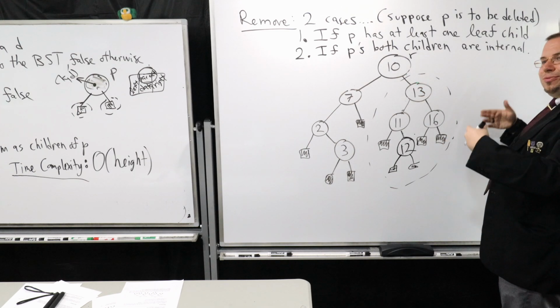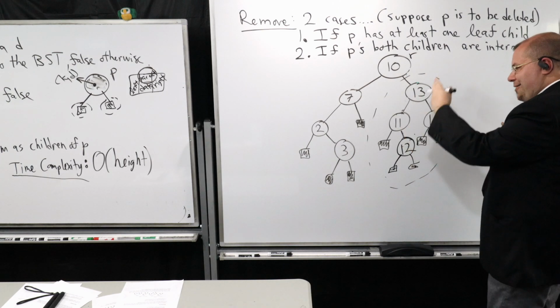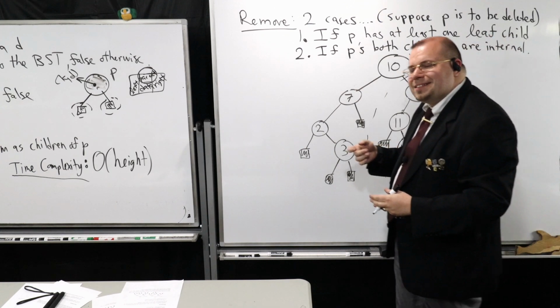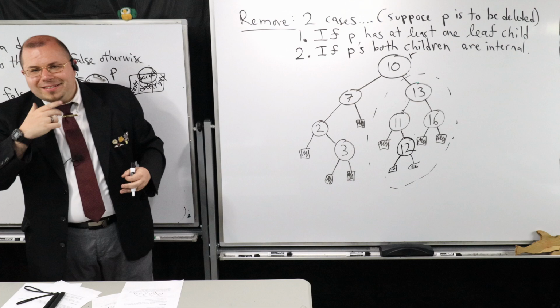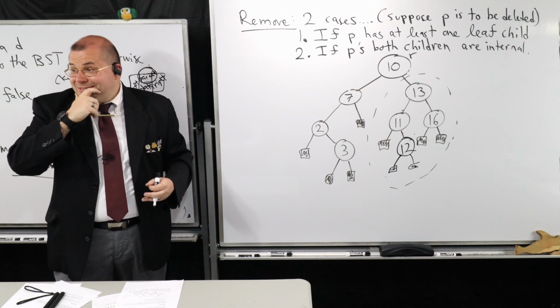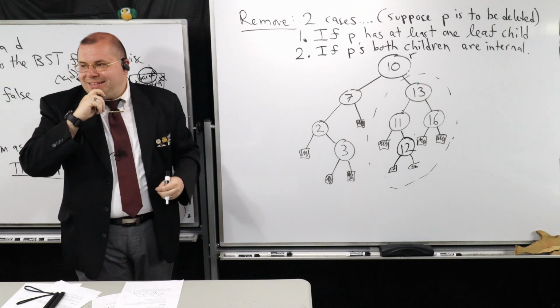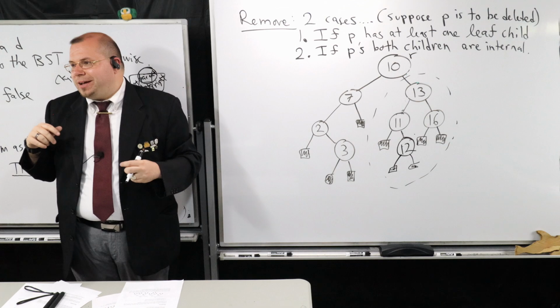But that is also guaranteed to be, so does anyone have any ideas of how I can find 11? Any ideas at all? What algorithm do we have for that? Smallest. I got one suggestion about smallest. Yeah, smallest seems like a very natural one to use to get 11, that node there.